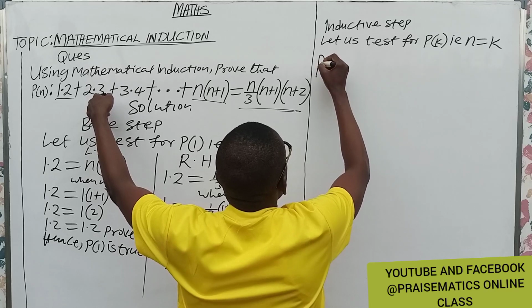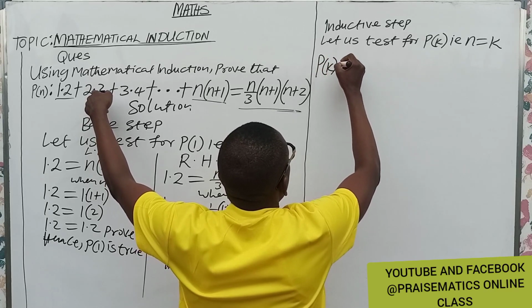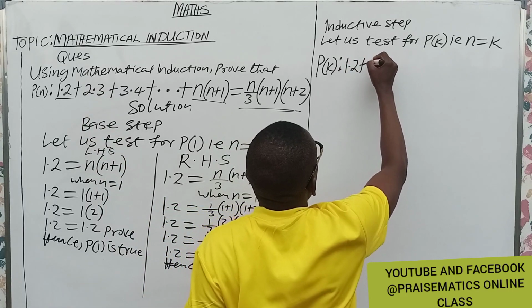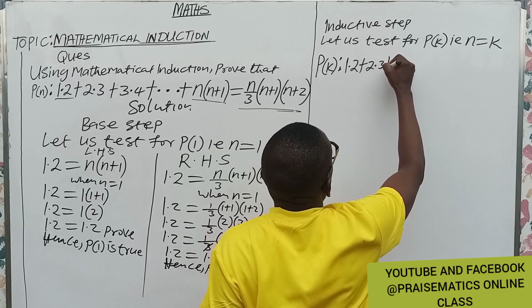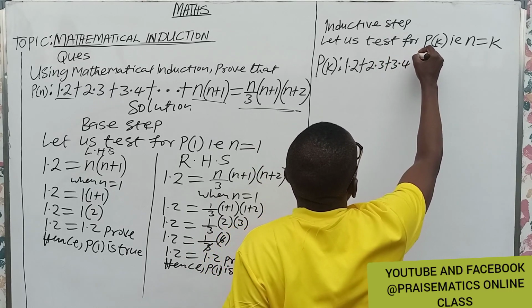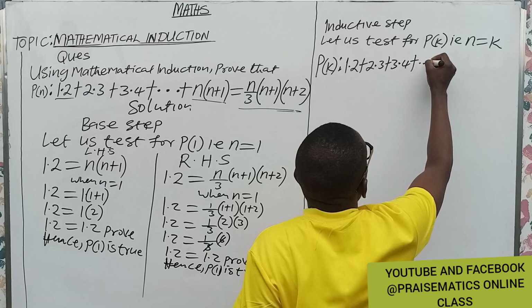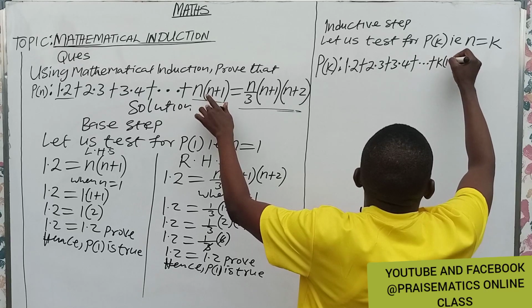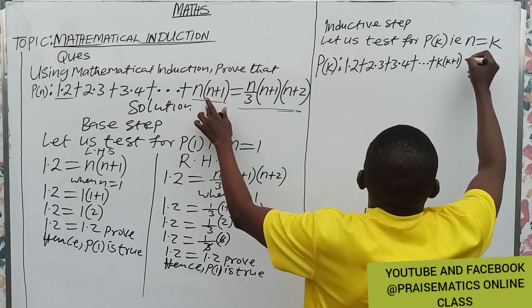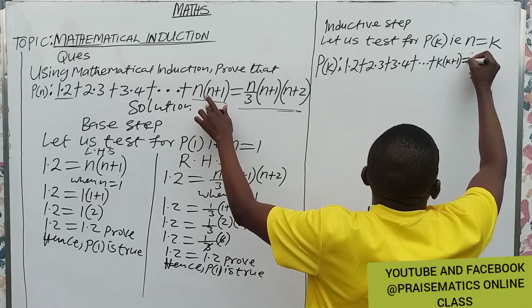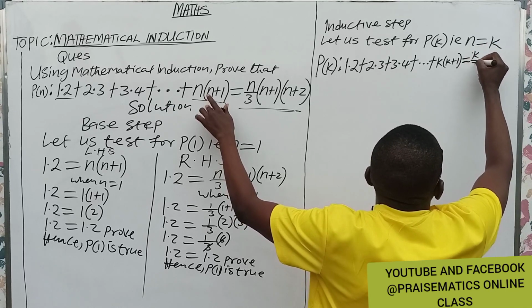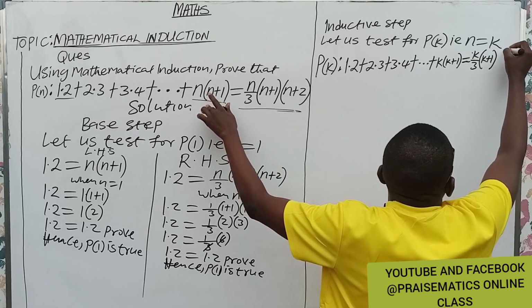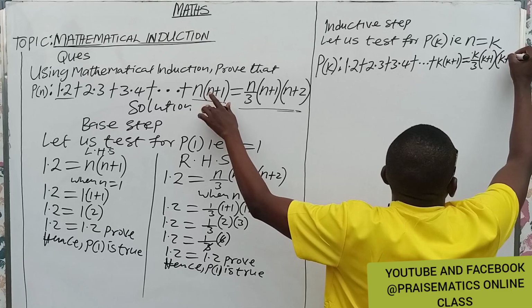We now have that P of k such that 1.2 plus 2.3 plus 3.4 plus ... plus, anywhere you see n, call it k, k into (k plus 1), is equal to k over 3 into (k plus 1) into (k plus 2).